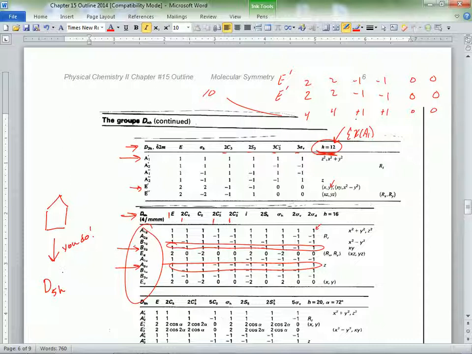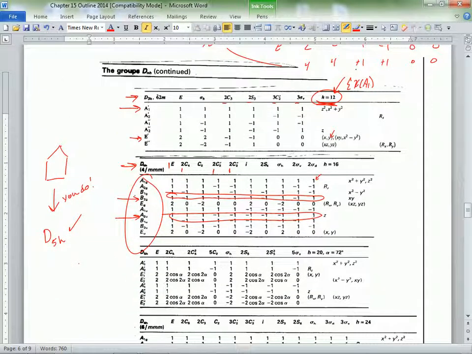Now we're just doing page 443, the very bottom, self-test 15.4. Can the function x squared plus y squared have a non-zero integral when integrated over a regular pentagon centered on the origin? First step, which point group are we talking about? D5h. So then you find D5h. Here's D5h.